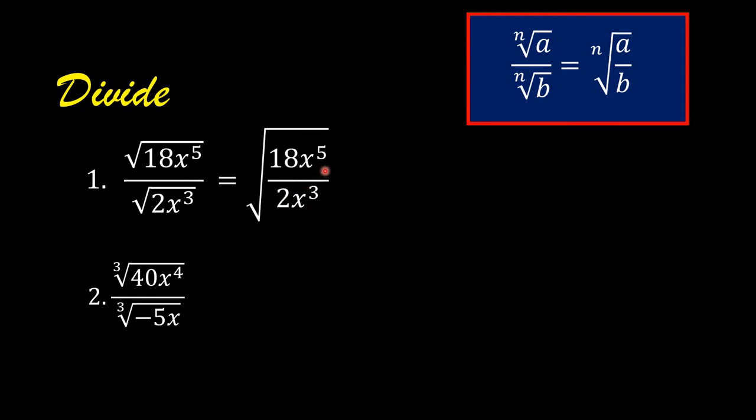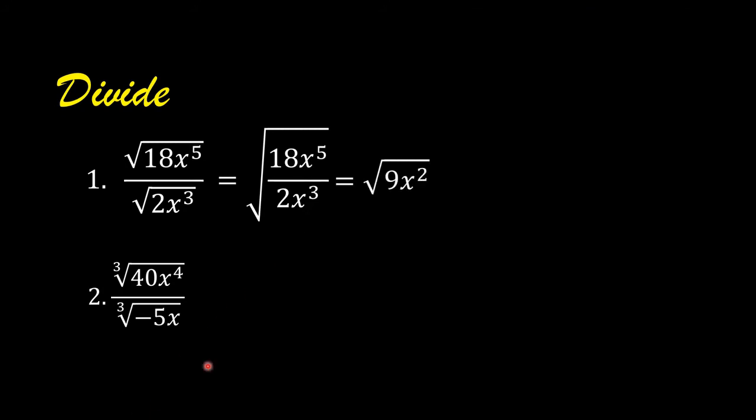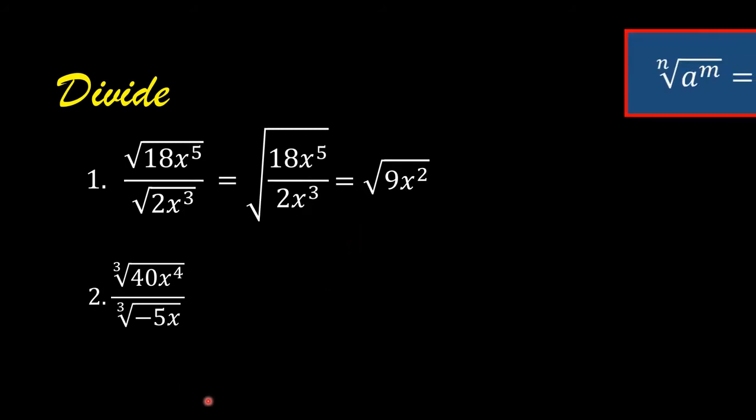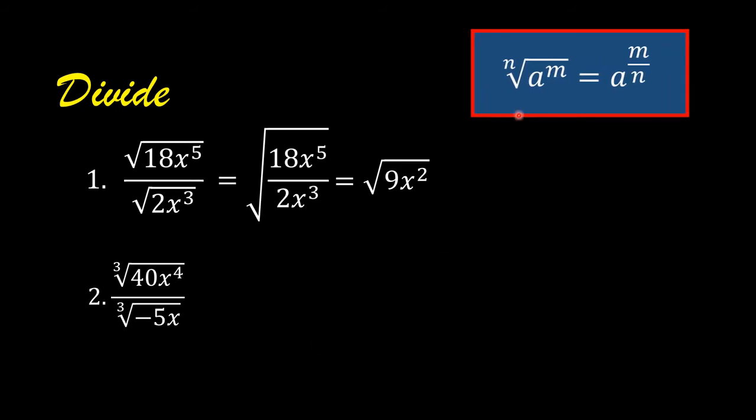x raised to the exponent of 5 divided by x cubed is x squared, because we subtract the exponents in division. So this is now equal to the square root of 9x squared. And then use this: the nth root of a raised to m is equal to a raised to m over n.